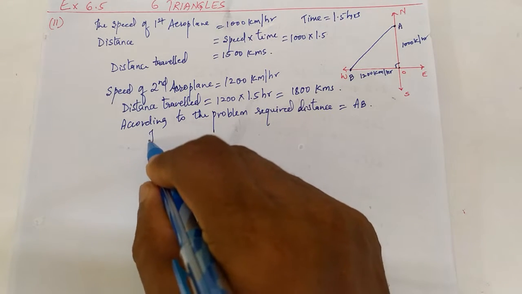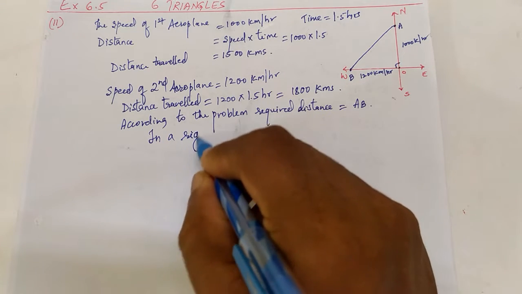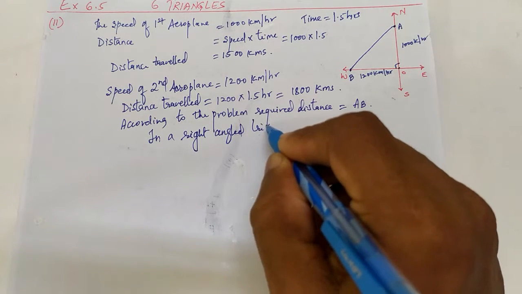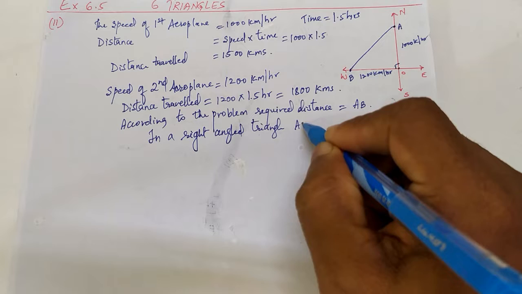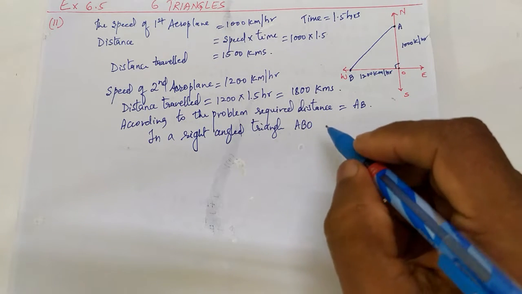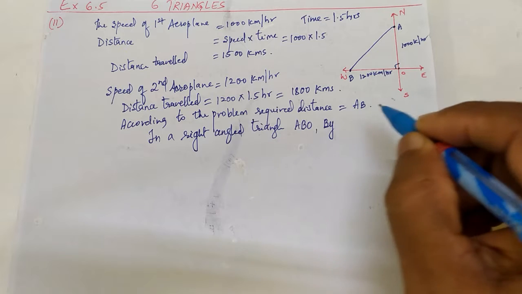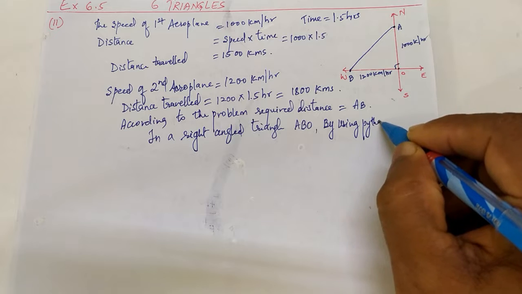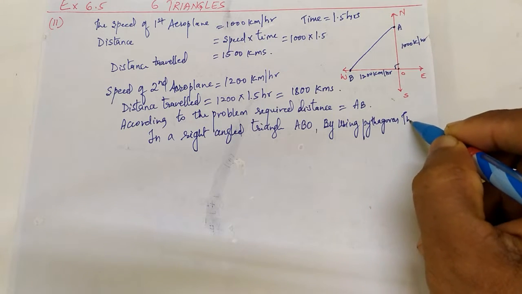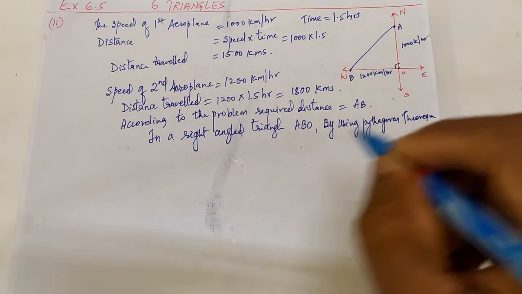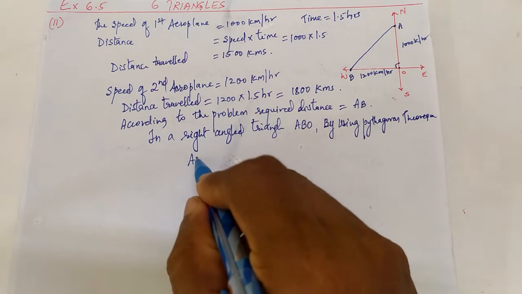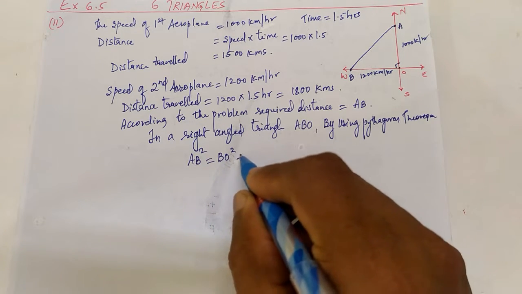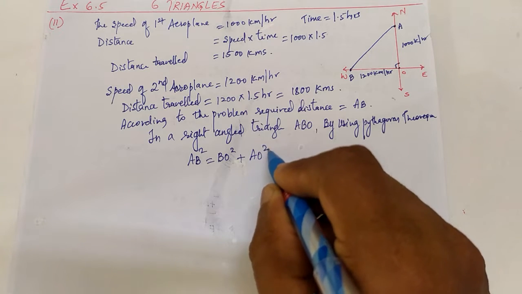So in the right angle triangle ABO, by using the Pythagoras theorem, we get AB square is BO square plus AO square.